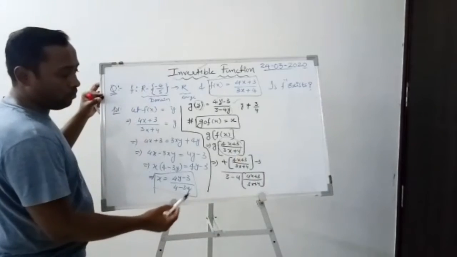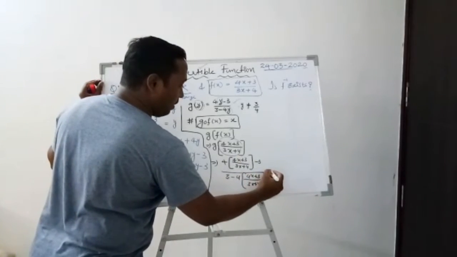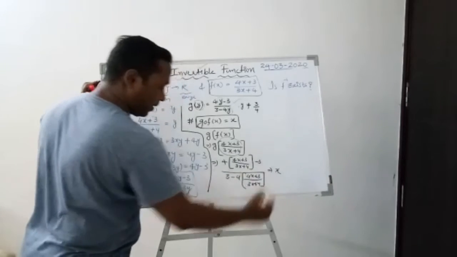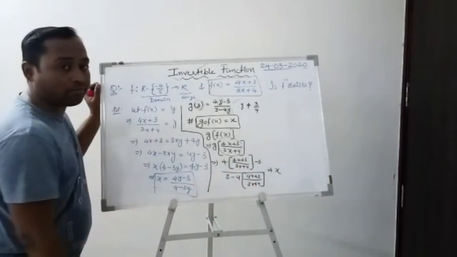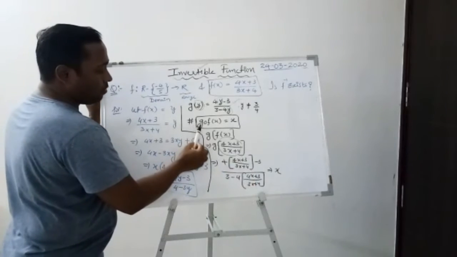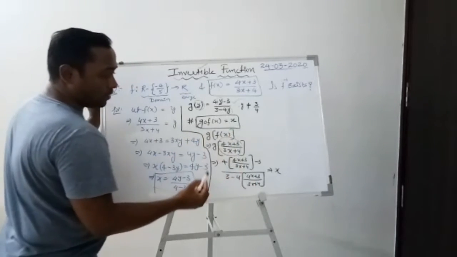So once you solve by taking LCM and grouping and by cancelling, you will definitely get x. I am leaving this simplification part for you. So here we are able to prove g circle f of x is equal to x.